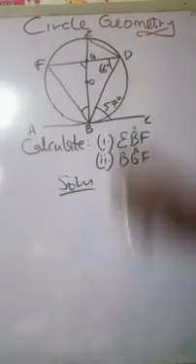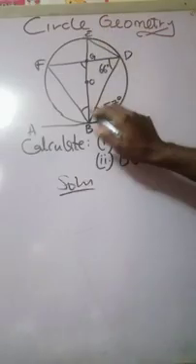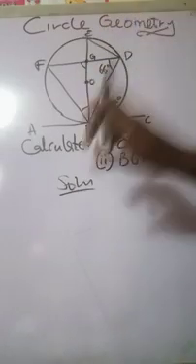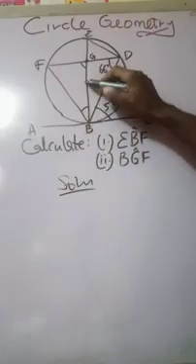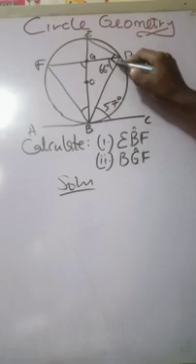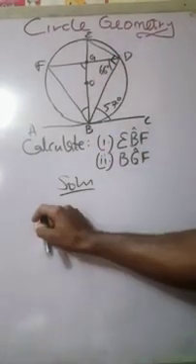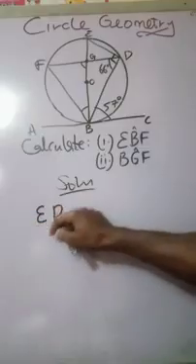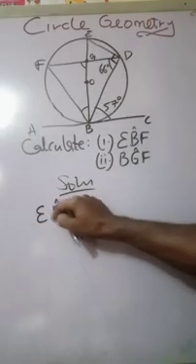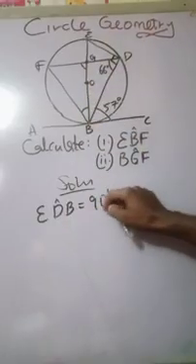For the first, we leverage the theorem which states that the angle in a semicircle is a right angle. It's given that this point is the center and we have the diameter, so it means the angle at point D is a right angle. We could call it EDB. Angle EDB is 90 degrees.